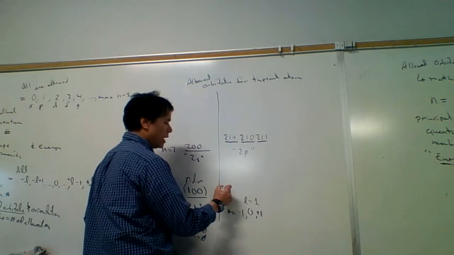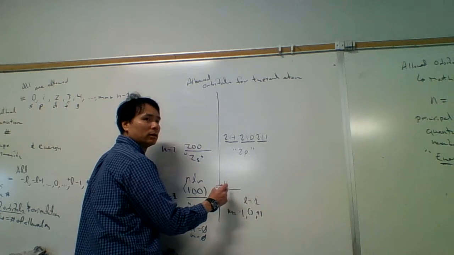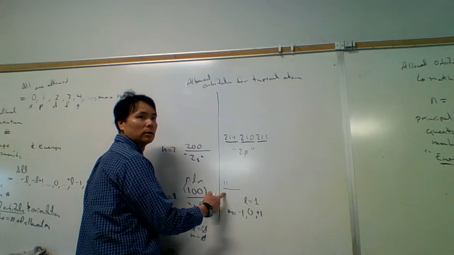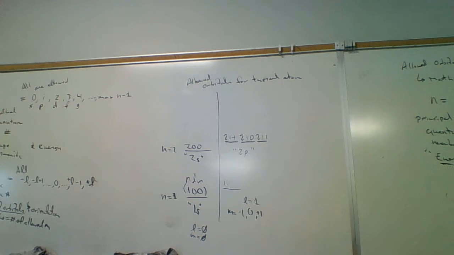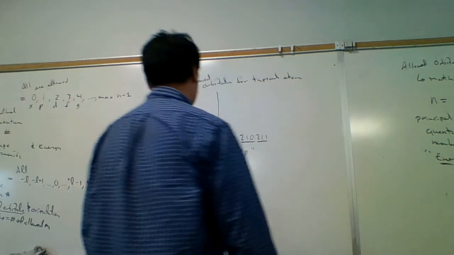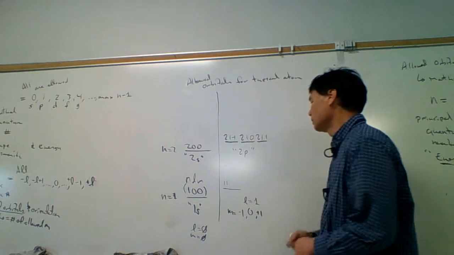Is 1, 1 allowed or forbidden? Why is it forbidden? And so there's no such thing as a 1p orbital.